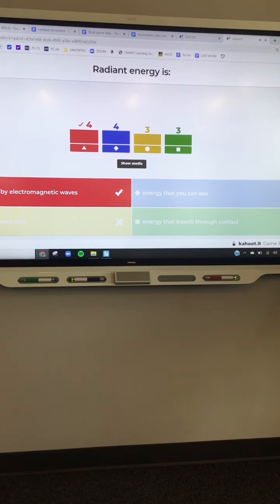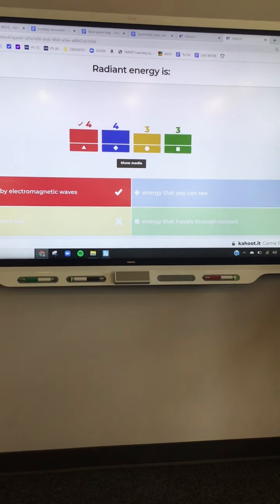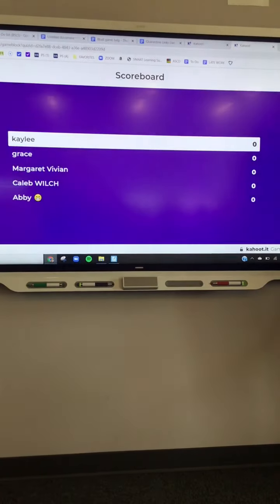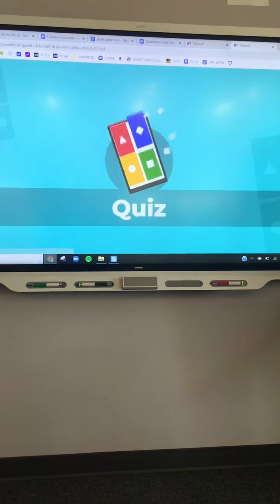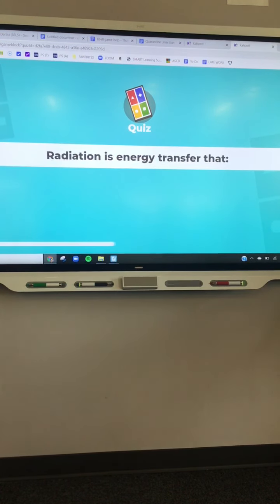Travels through electromagnetic waves. Where do we get the big radiant energy thing? It's the big yellow and orange ball. It's in the sun, it's in the solar system. It gives us heat. Jupiter. Okay, so radiant energy, think of the sun. What about the yellow one? Wouldn't that be correct? It wasn't the best answer though.